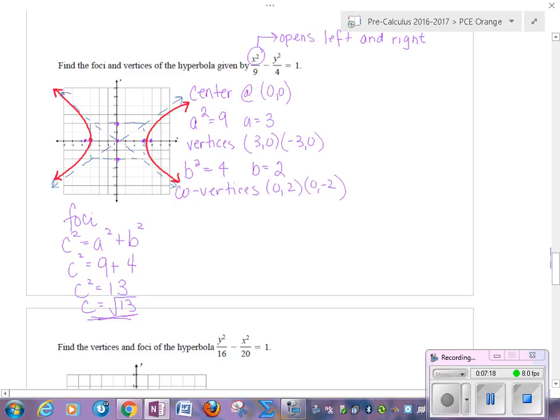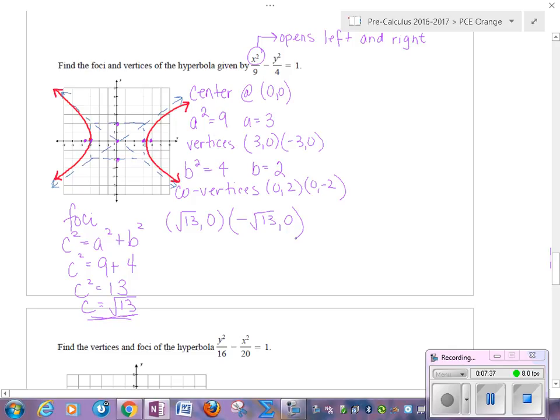From your center, think about where we went to get to the focus points. We went a value of the square root of 13. So I went (√13, 0) and (-√13, 0). You want to make sure that you're using those exact values.